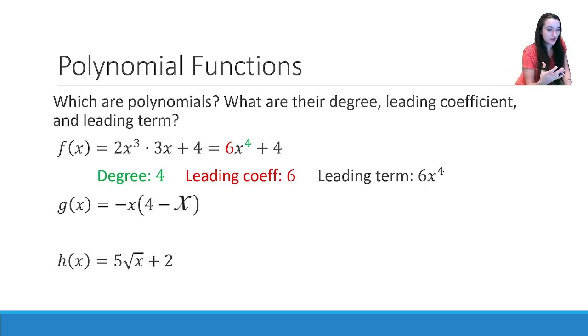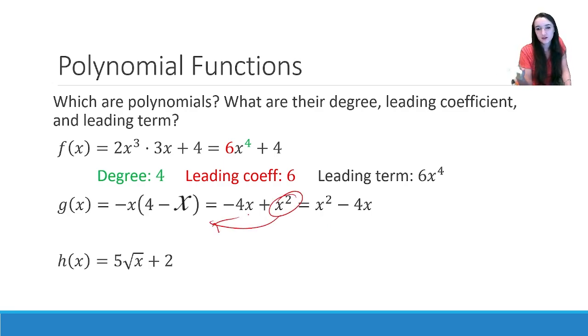Then with g of x, again, it's just going to take a little bit of multiplication. I can multiply in my negative x to both terms, so that'll be negative 4x plus x squared, but again, that's not general form. That's not really the direction I want it to be written in, so I'm going to rewrite it. I'm just taking the x squared and bringing it to the front, just so that I have it in the order I like.